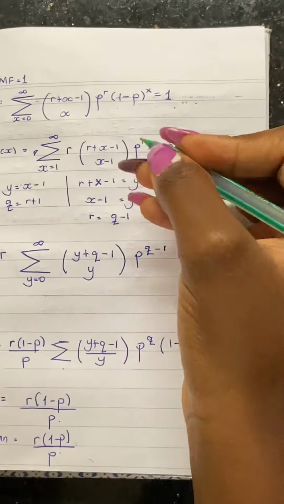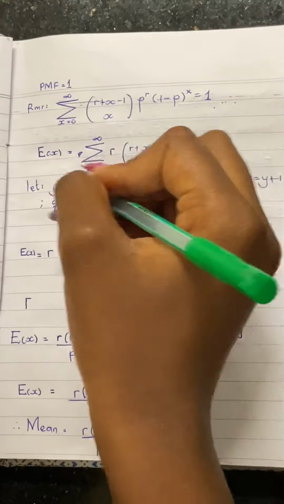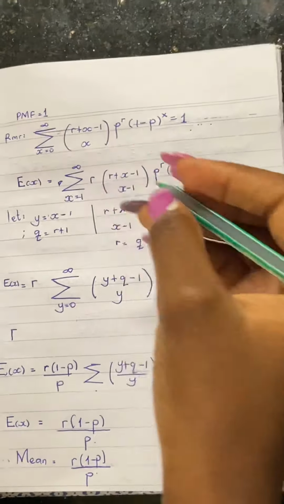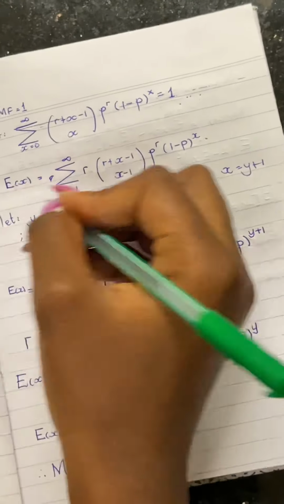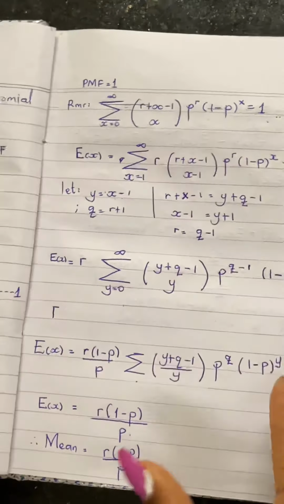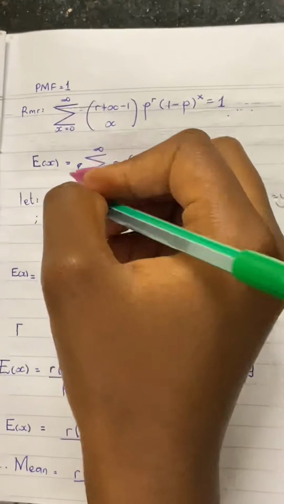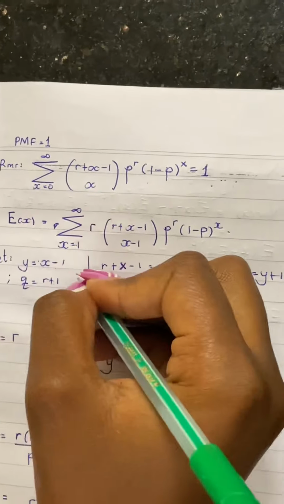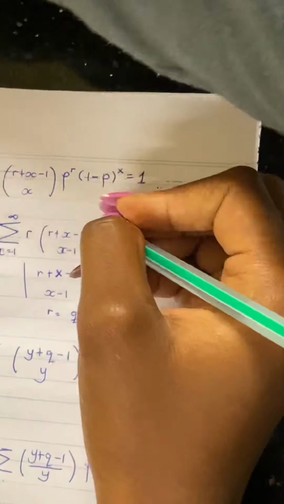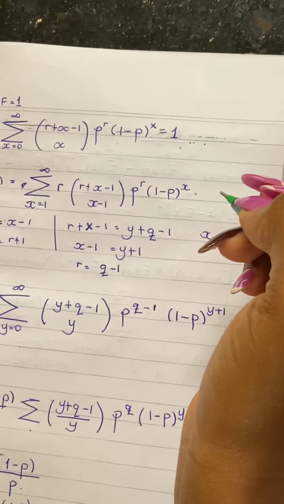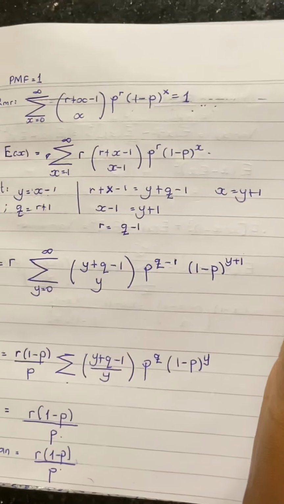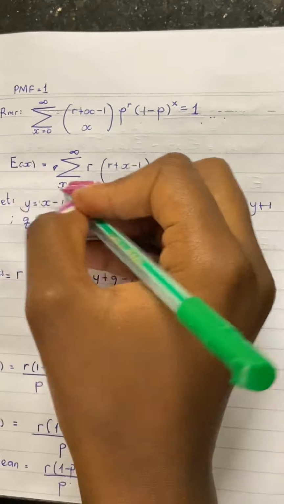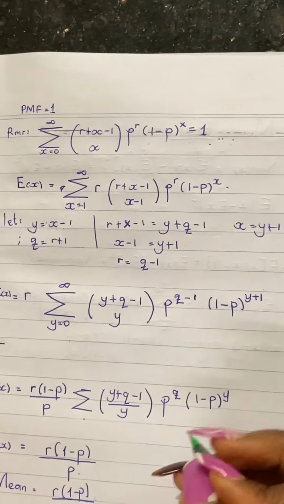So we're going to change the variables, and when we change variables, we change limits. We're going to let y equal x minus 1. We're going to let q equal r plus 1. We are letting y and q be our new variables.